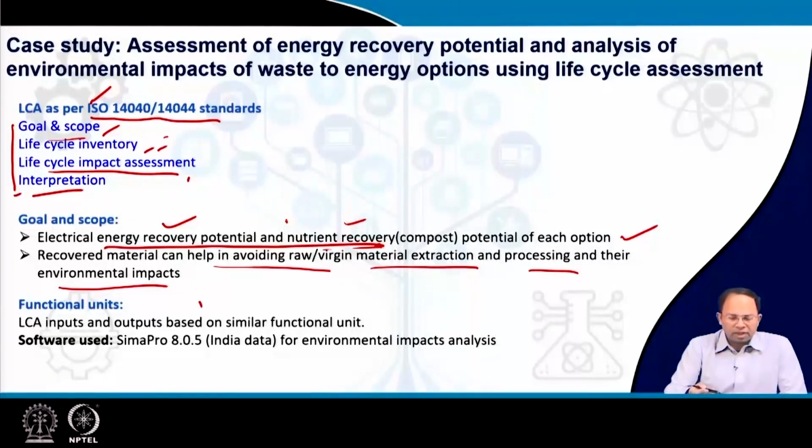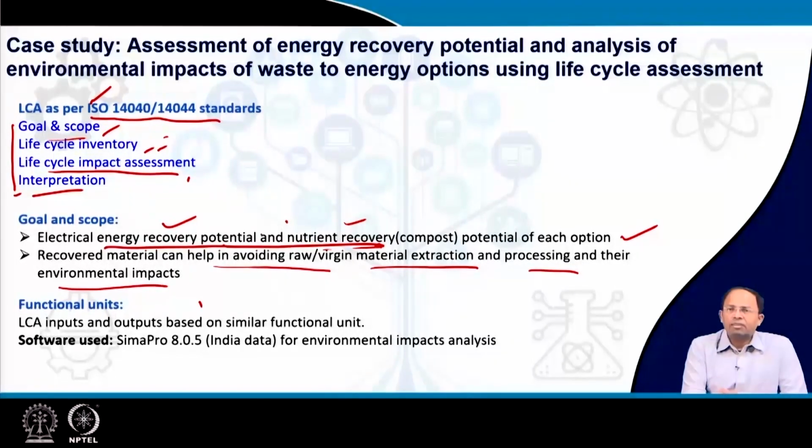But at the same point of time, to run processes like composting or incineration, we require some amount of energy, some amount of raw materials. So these are inputs. Similarly, when we are producing something, we are also avoiding the use of raw material or fossil fuel, right?